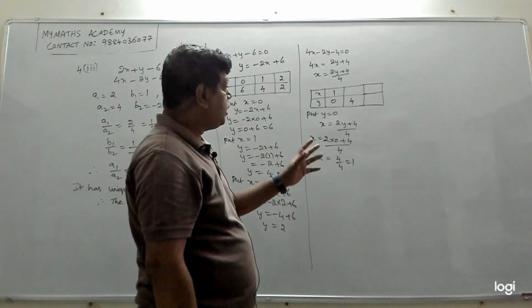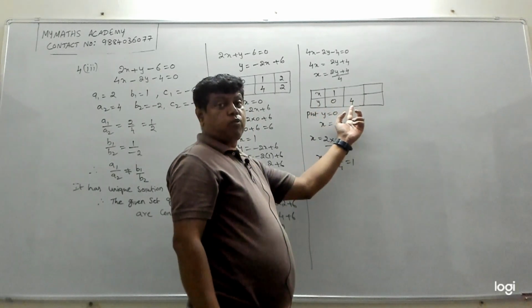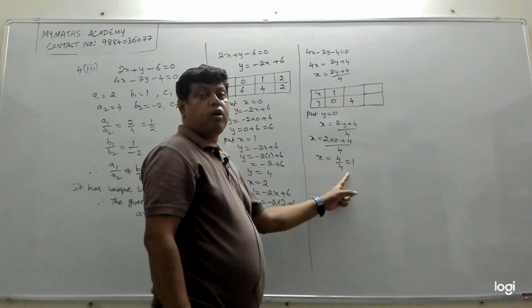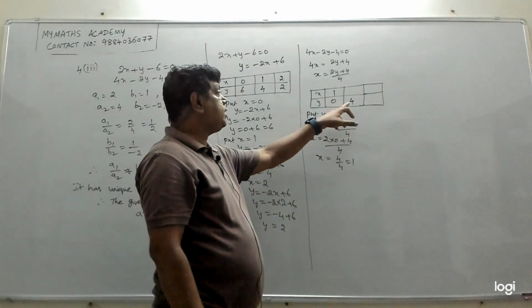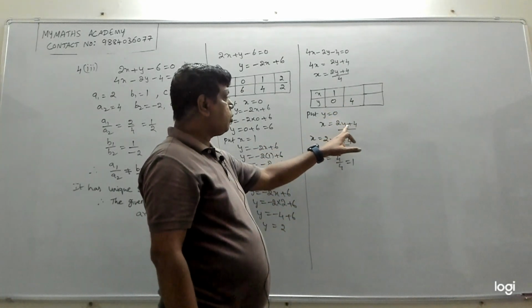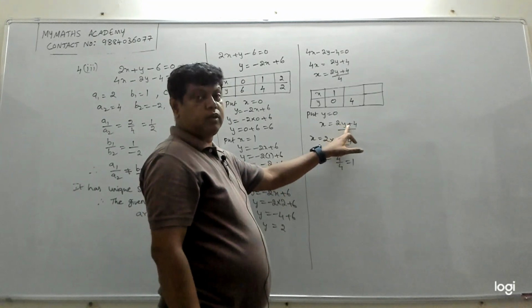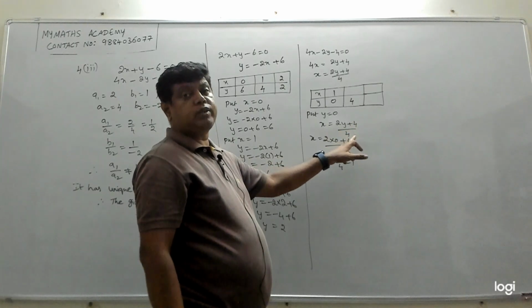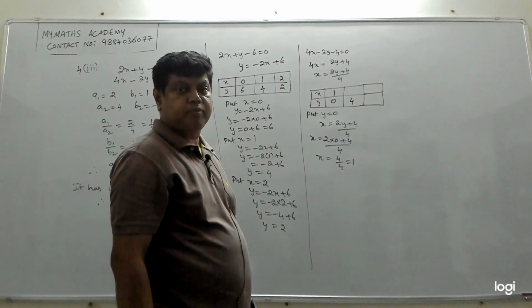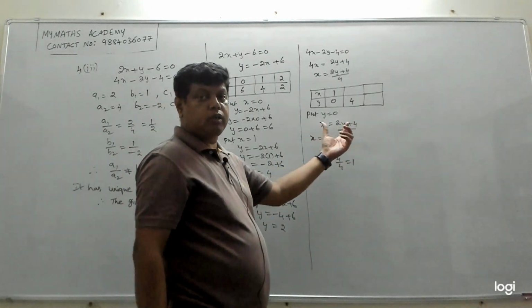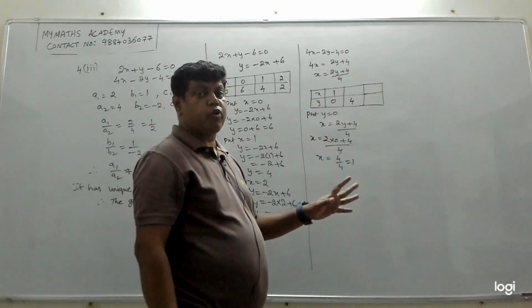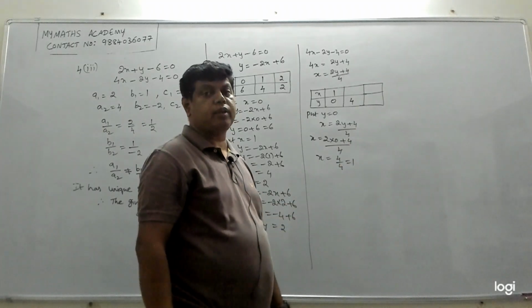So we will have to choose this y value in such a way that we get a proper number for x. If I put y equal to 1 here, I will get 2 into 1, which is 2, 2 plus 4, 6 by 4. But 6 by 4 is 3 by 2. 3 by 2 is okay, but if you get any other fraction, it is difficult to plot that in the graph.